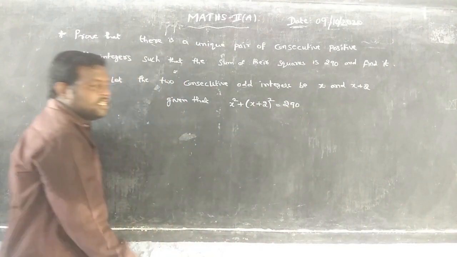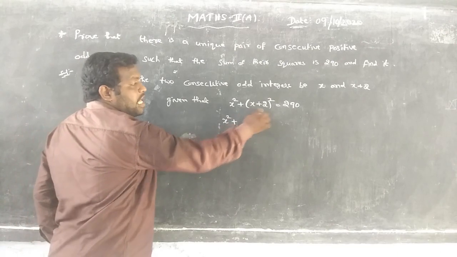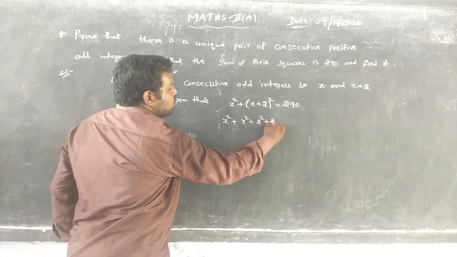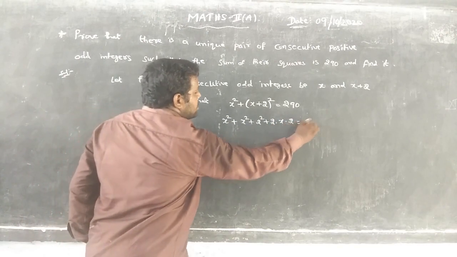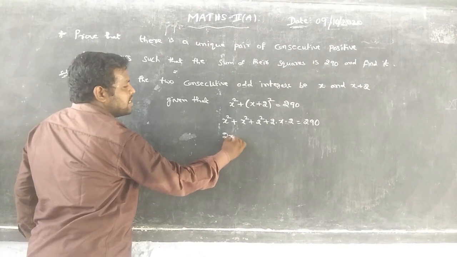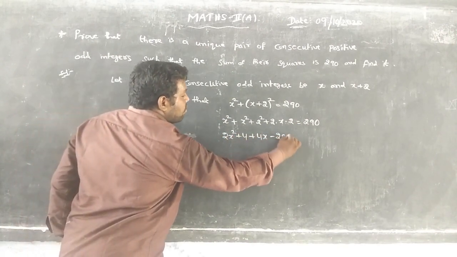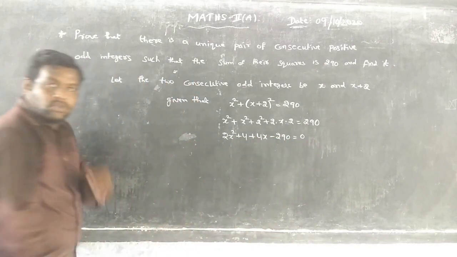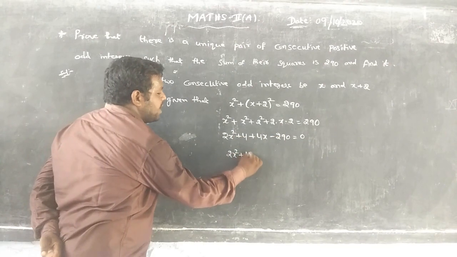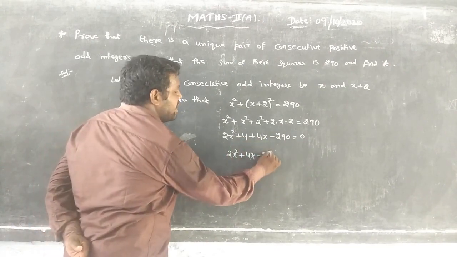Now we can simplify this expression. X square plus, applying (a plus b) whole square equals a square plus b square plus 2ab, is equal to 290. X square plus x square is 2x square, plus 4x plus 4, and moving 290 from the right side to the left, equal to 0. 2x square plus 4x, 4 minus 290 is minus 286.